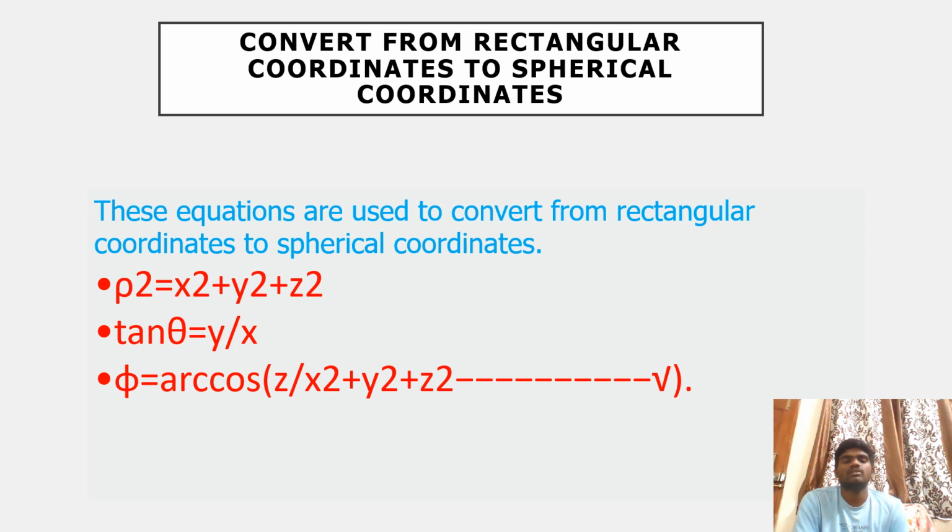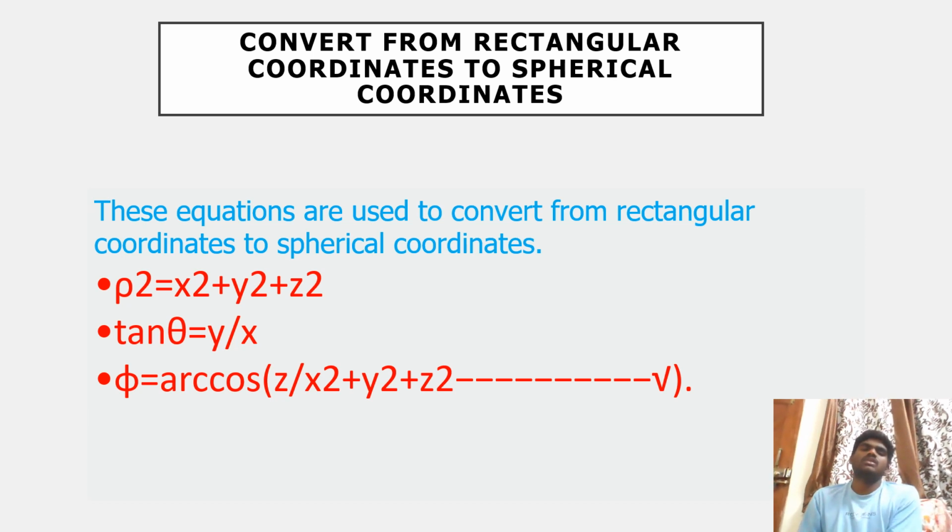So these are the three formulas which convert from rectangular coordinates to spherical coordinates. From these three formulas we can convert the rectangular coordinates to the spherical coordinates.